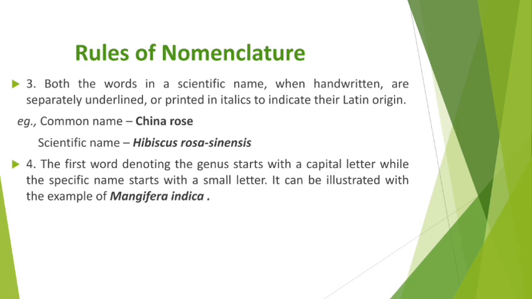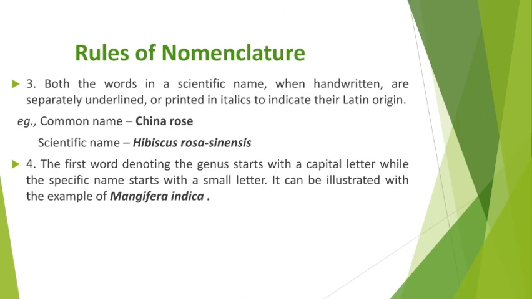The second rule: scientific names are generally written in Latin or derivatives of Latin. Third rule: scientific names when handwritten are separately underlined, and when printed are in italics. Then the 4th rule: the first word denoting the genus always starts with a capital letter and the species name always starts with a small letter.